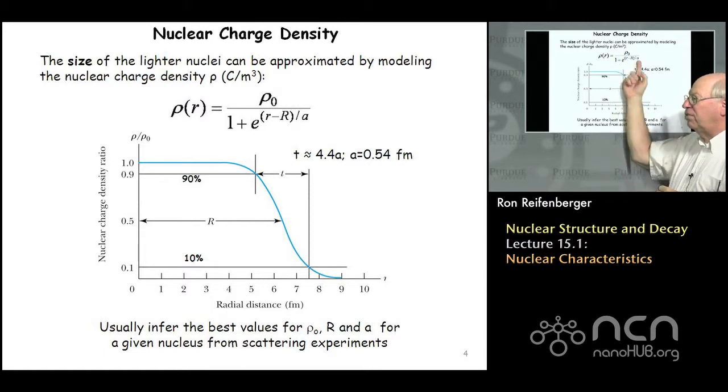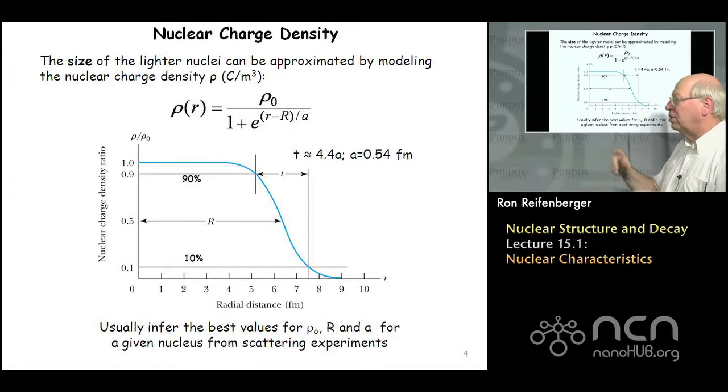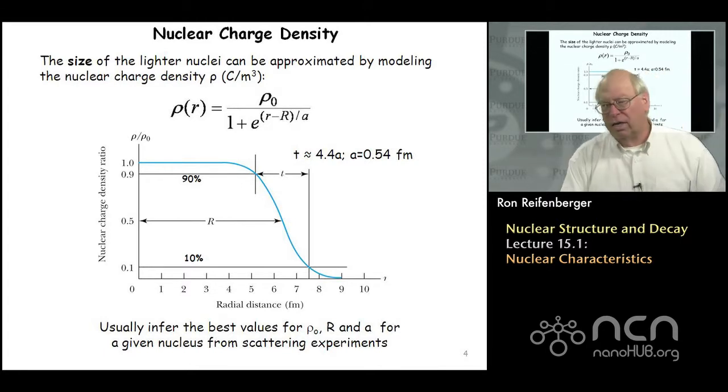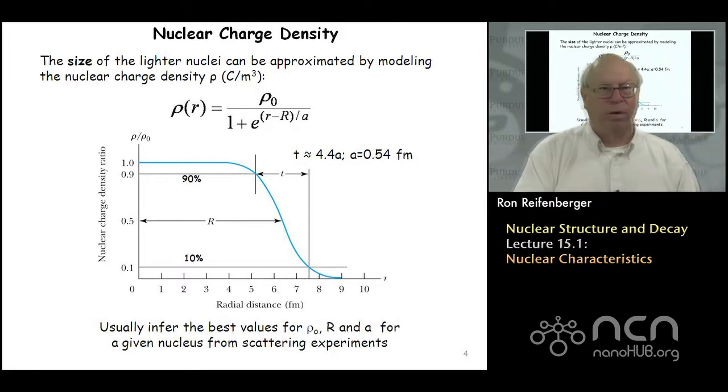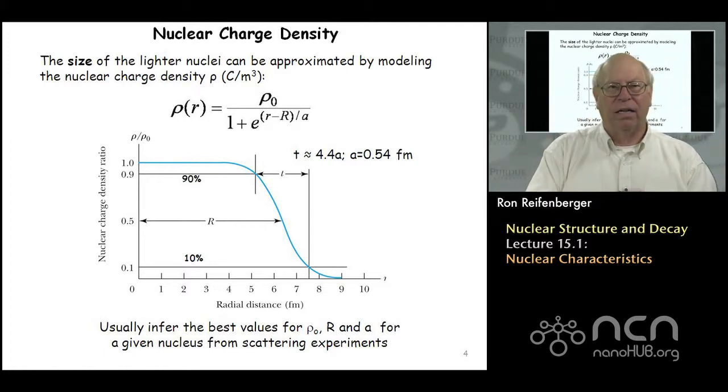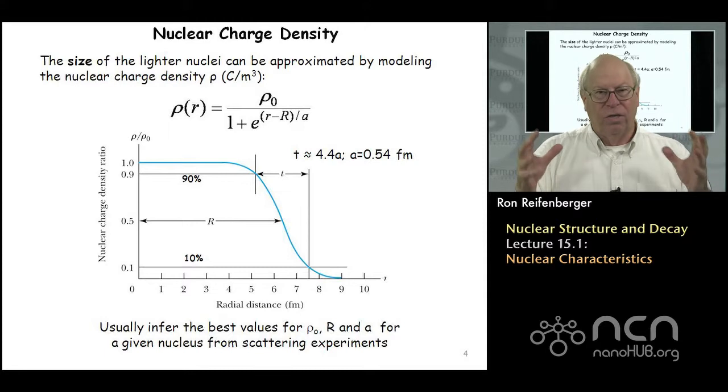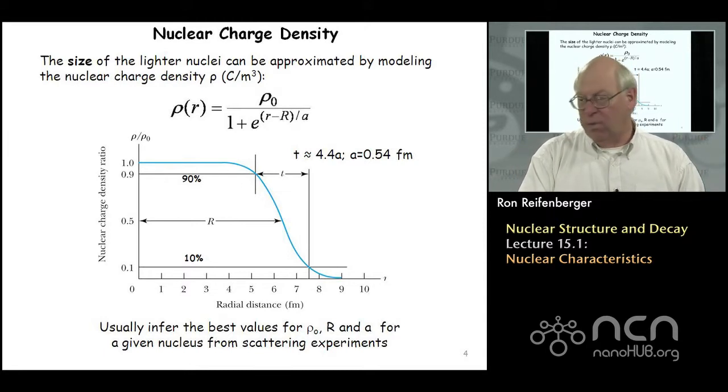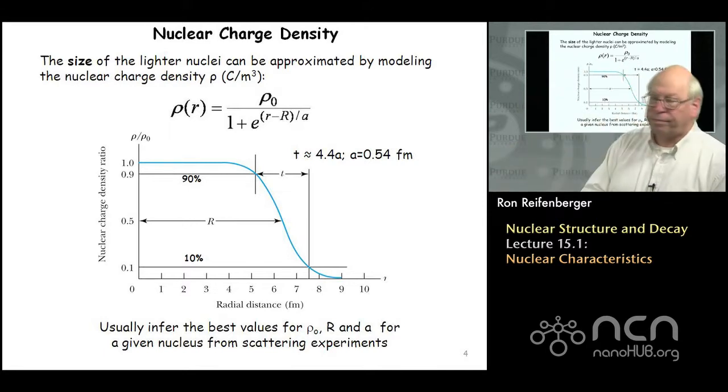It turns out for this functional form of the charge density, this thickness parameter T is about 4.4 times A, and A is a number which is incredibly small. It's on the order of about 0.5 femtometers. A femtometer is 10 to the minus 15 meters. So this charge is really packed into a very, very small distance.